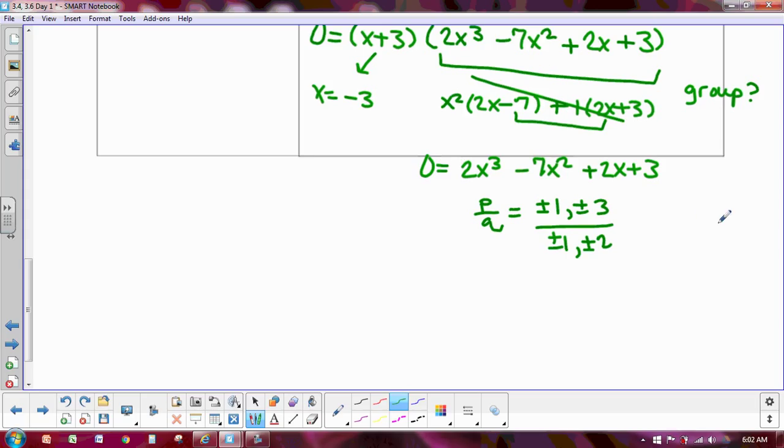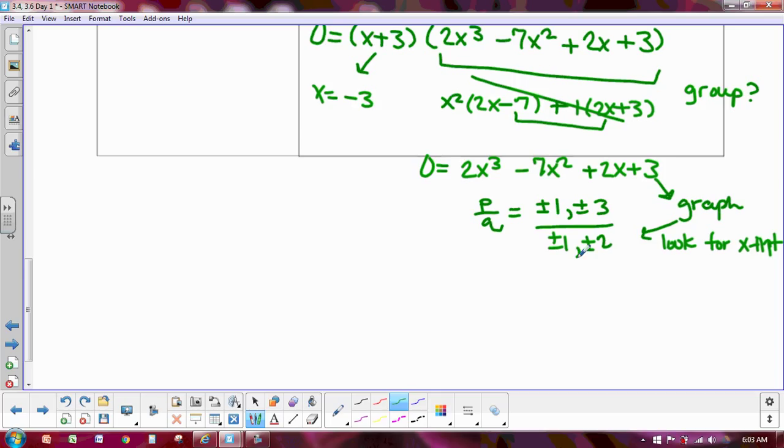And now I graph this equation. I graph the cubic, and I look for x-intercepts that are on my current list. And you should be coming up with, at this point, that positive 5 will work.